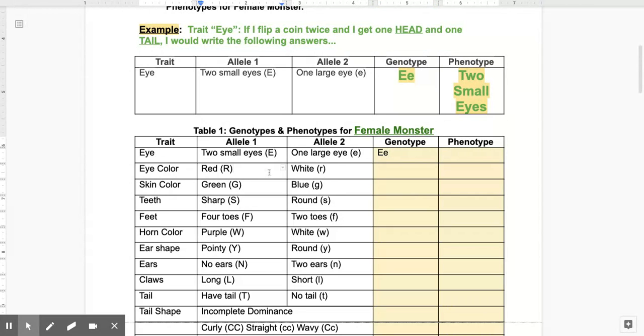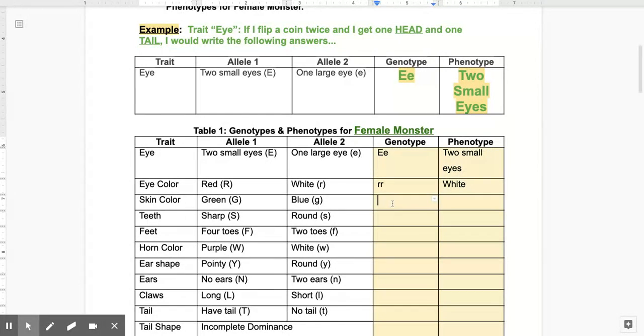In my next example, say we get two tails. Tails is the lowercase letter, so that would be tails, tails. Heads is the capital, and that would indicate that the eye color is white. And we already said this is two small eyes.